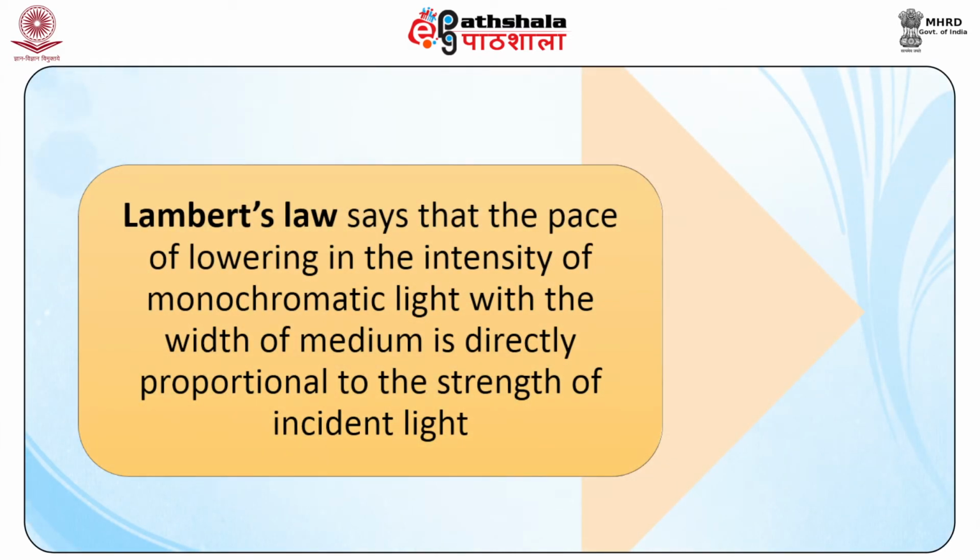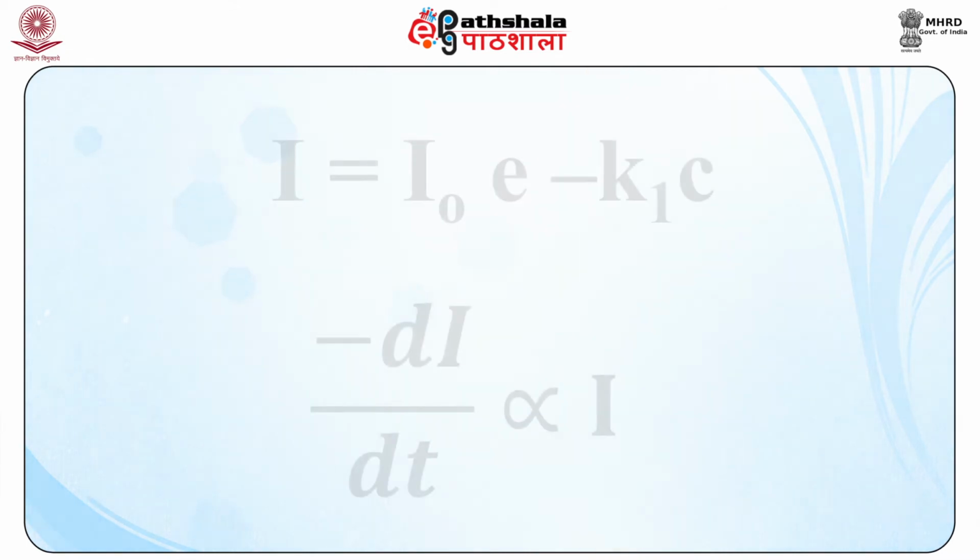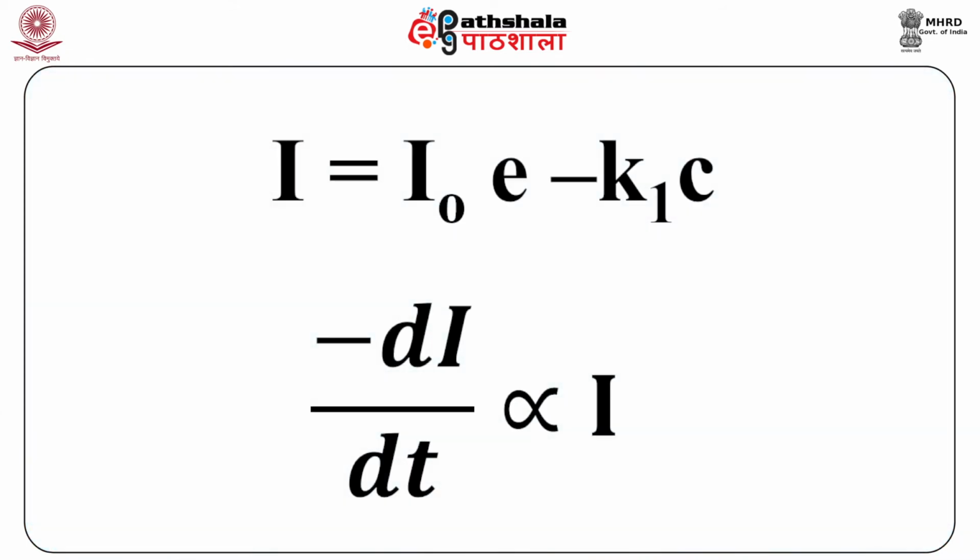Lambert's law says that the rate of decrease in the intensity of monochromatic light with the width of the medium is directly proportional to the strength of incident light. This means minus dI by dt is directly proportional to I, where t is the width of the medium.